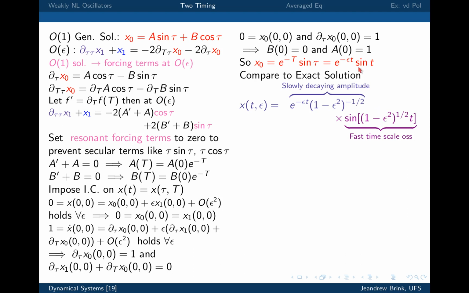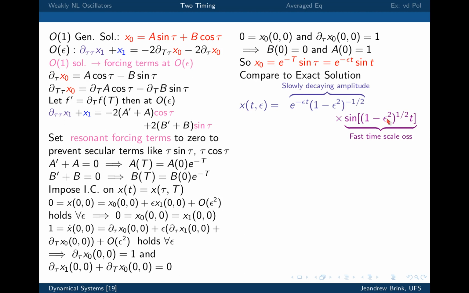Comparing it to this function, we can see what our perturbation theory has captured. This prescription has captured the e to the minus epsilon t, the slowly decaying part. It's making a difference at order epsilon squared, which is fine because we only expanded to epsilon. So we're fine there, and it's also getting the right frequency. Also, the mistake is at epsilon squared.